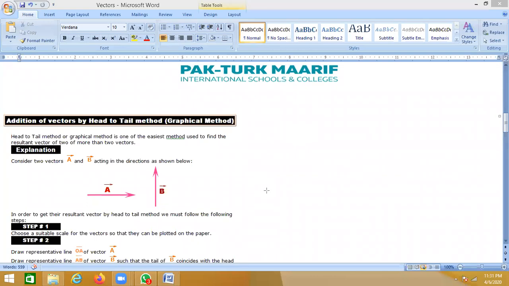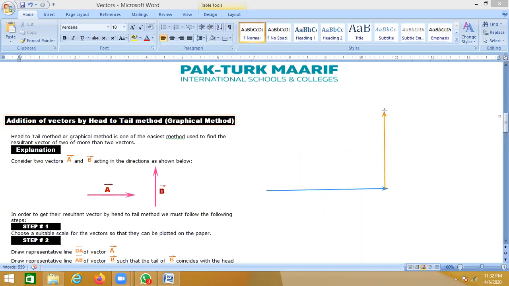Okay, so suppose this is vector A, and let me use a different color. And yeah, this is vector B, right? Or let me connect them the way they are in this diagram, right? So these are two vectors.